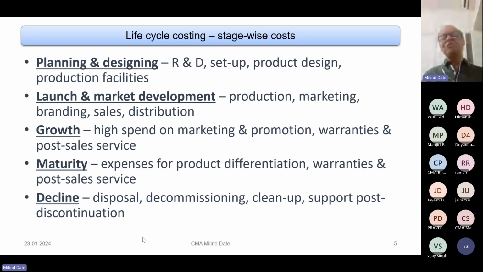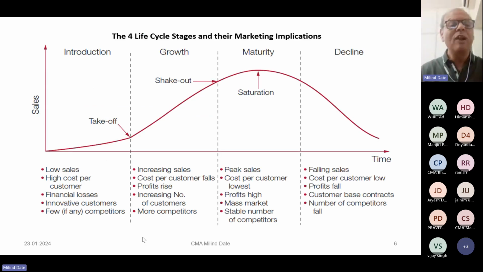So, for that matter, if you want a better understanding of these costs, you need to identify the implications during each phase of the cycle. Now, I'll illustrate this with two life cycles. One is a product related life cycle.